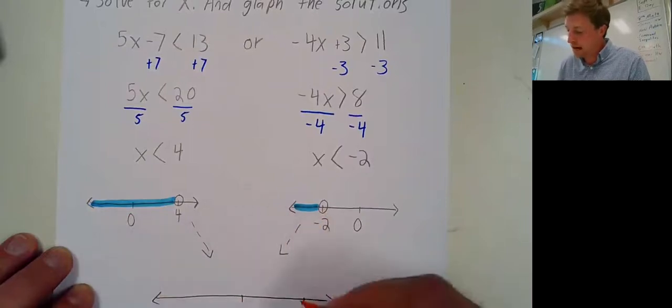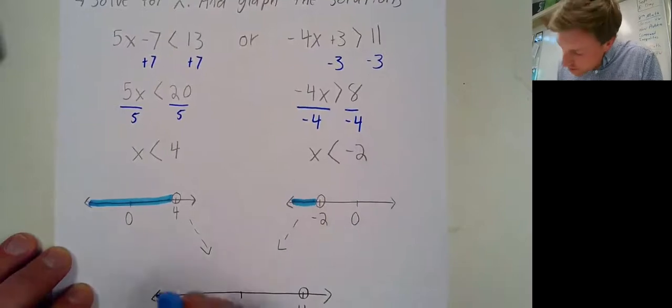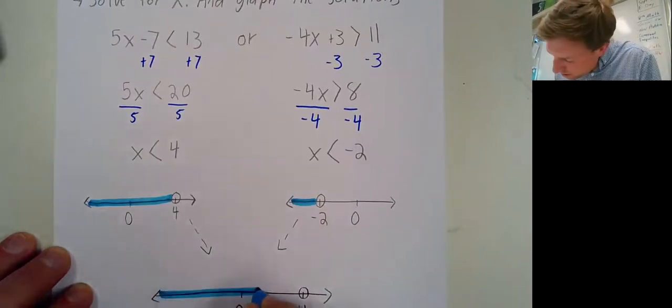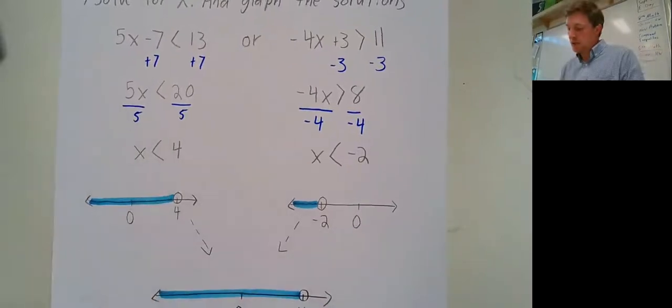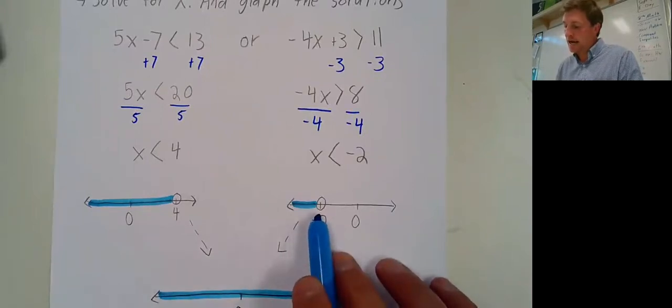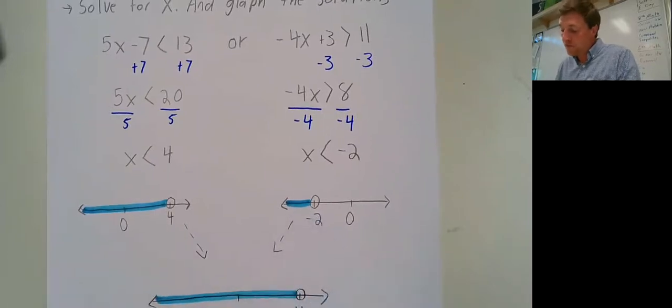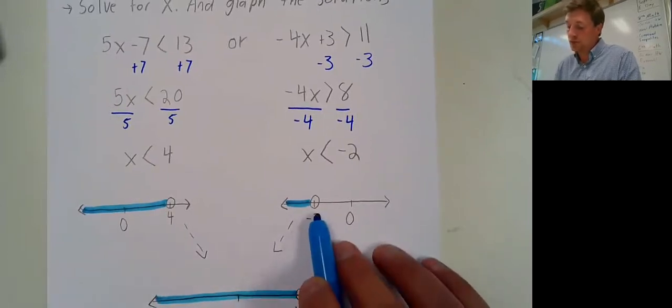So all I'm going to do actually is kind of redraw this one. Because negative 2 is down here, it's going to work for all of these numbers. Sorry, if it's below 4, it's going to work for negative 2 as well.